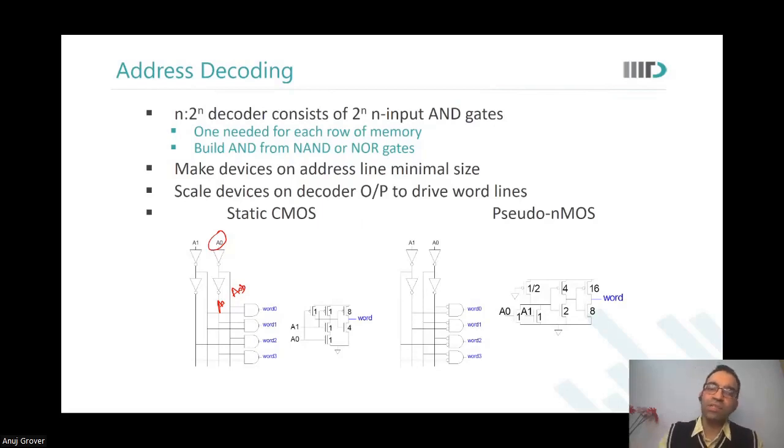So we essentially need to design an n to 2 raised to power n decoder. If n was 2, then each of my NAND gates is 2 input. But I need 2 raised to power n NAND gates.